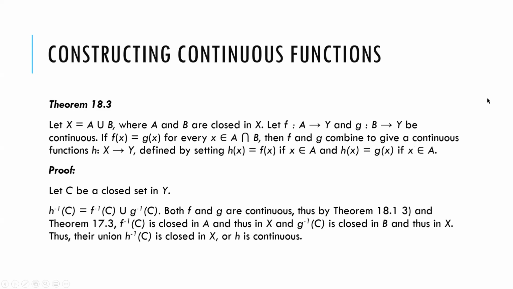So the proof for this theorem goes like this. If C is a closed set in Y, the inverse image of C equals the union of the inverse image of C by F and the inverse image of C by G, and both F and G are continuous, this by theorem 18.1.3, as we just read a few minutes ago.